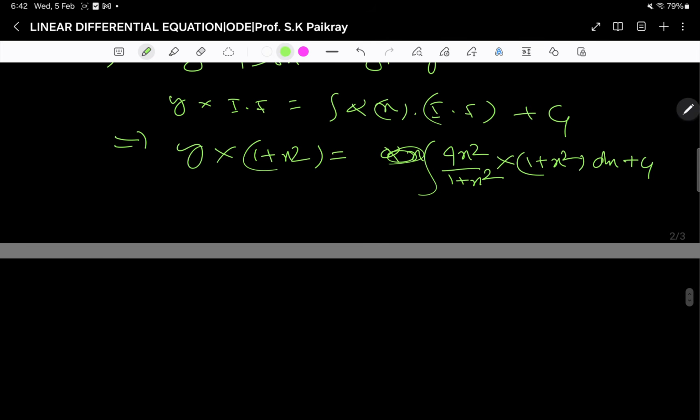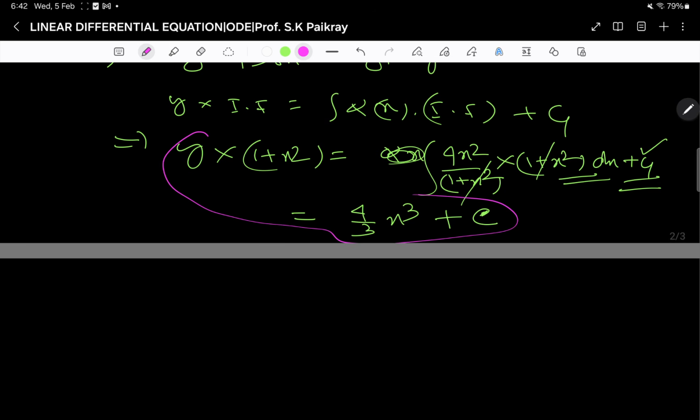If you integrate it, this and this cancel, and it is 4 by 3 x cube plus some constant. Here there is a constant, here there is a constant, added together is c. So this is your answer. Or if you like, you can divide it here.